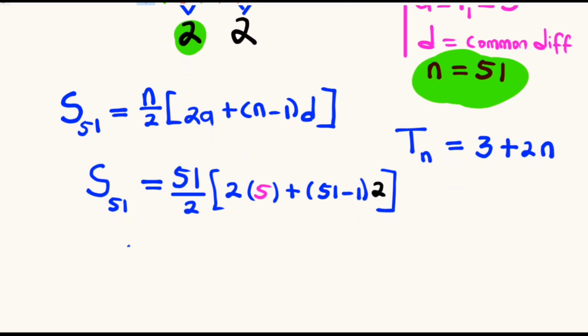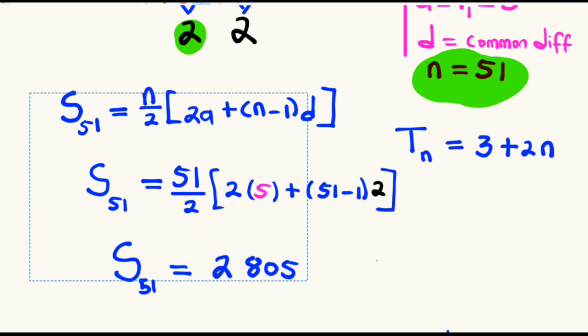So the sum to 51 terms will be equal to 2,805.